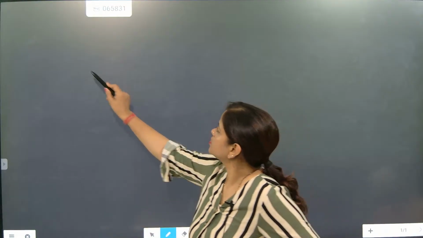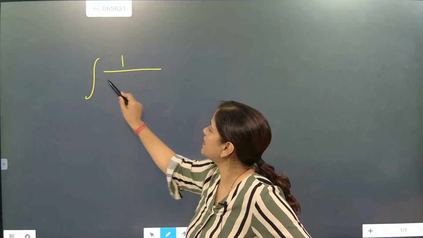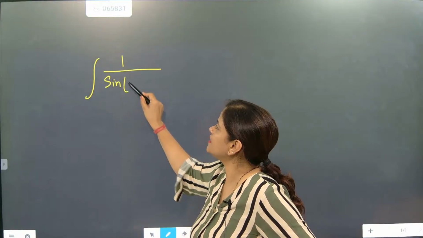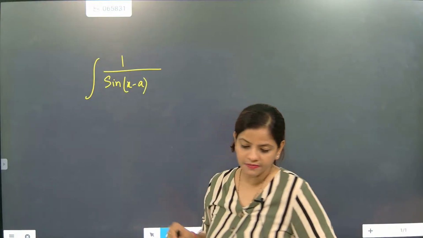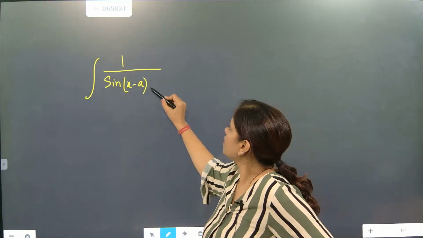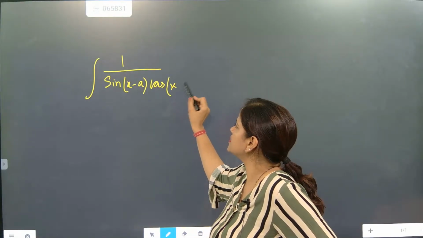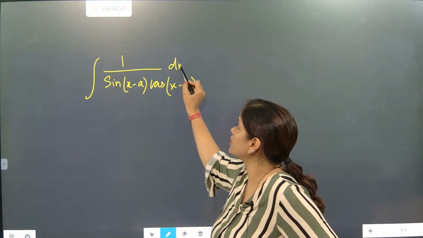Now look here, this question, two pattern question. From the beginning I am telling you to solve this type of question, again I am telling you. This question is 1 by sine of x minus a, cos of x minus b. This is an NCERT question. In all the schools this year they have given this as an important question.